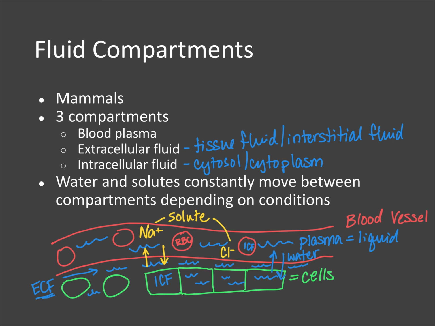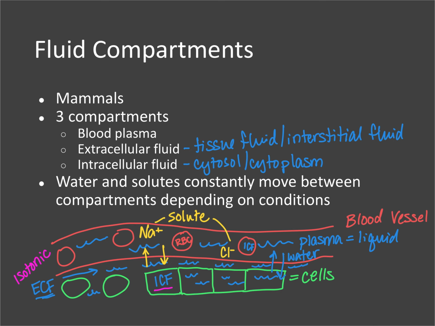So in order for the body to maintain this isotonic extracellular fluid, because remember from the previous slide, the extracellular fluid needs to be isotonic to the intracellular fluid, the blood plasma can work as a way to either deliver salts and water to the extracellular fluid, or it can take salt and water away from the extracellular fluid.